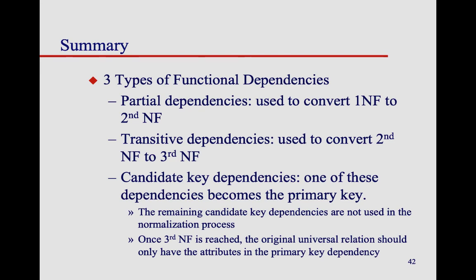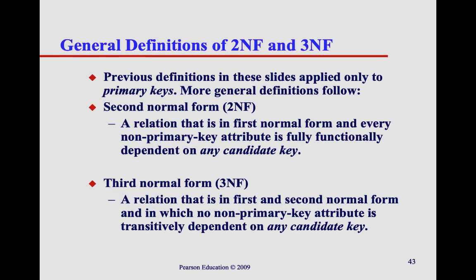Okay, final thing. In this course, we are only going to worry about what is called primary key, second normal form, and third normal form. But there are two more general definitions of second and third normal form.